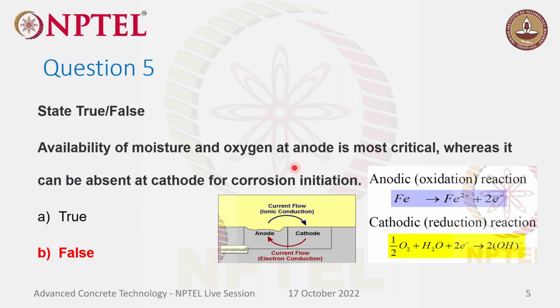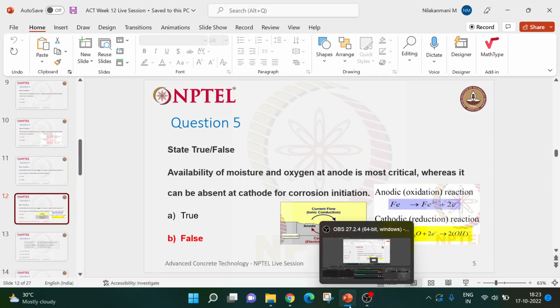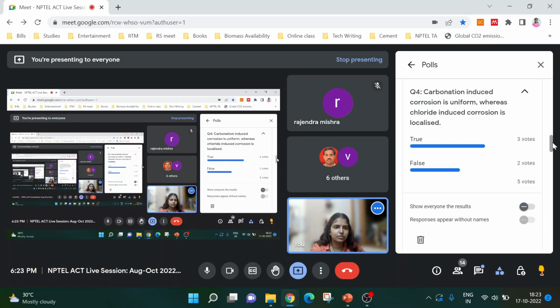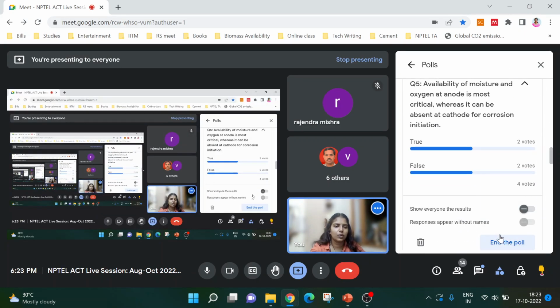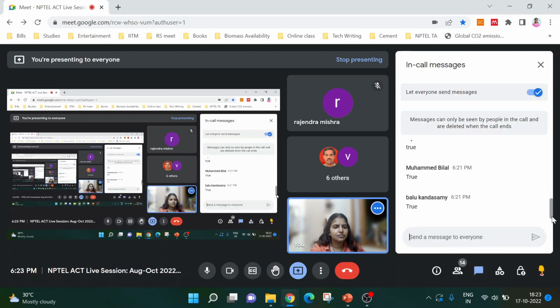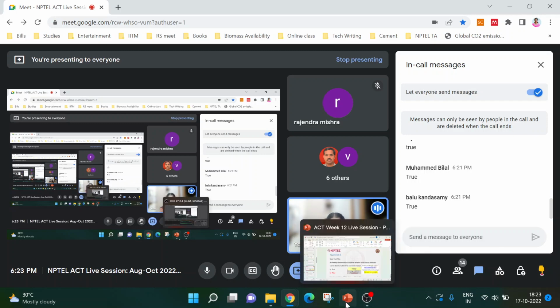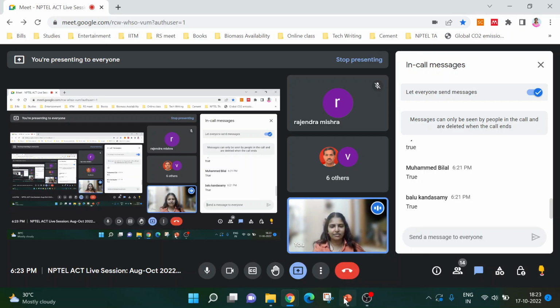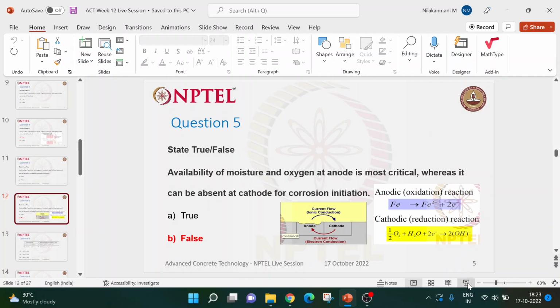The statement is false. Now let's see the class response and then move to the next question. Okay, there is some mixed response here. I guess with the equation you got it right. Now let's move to the next question.